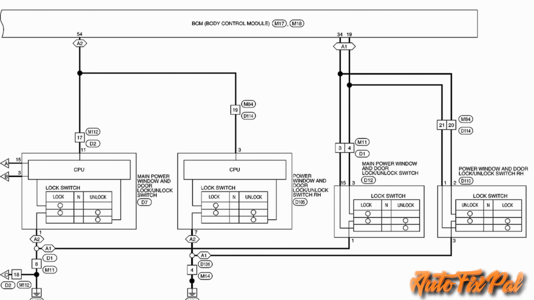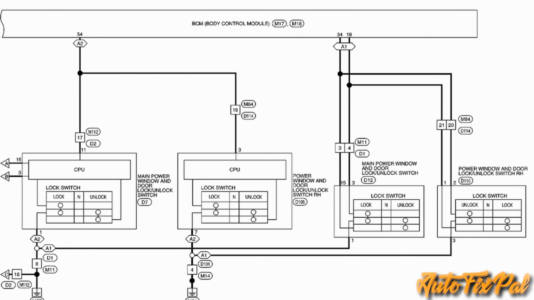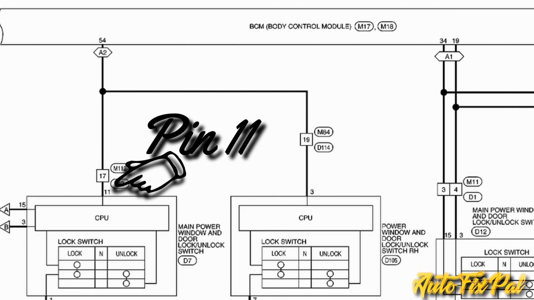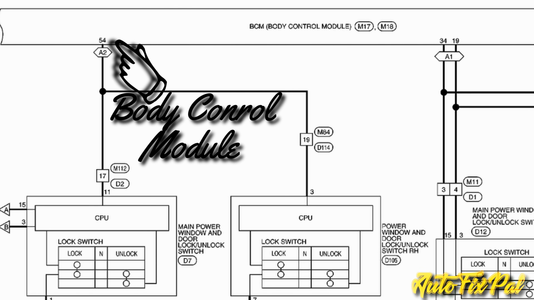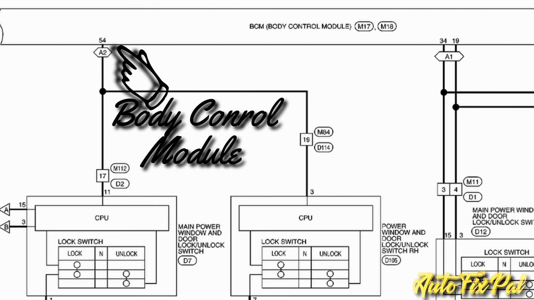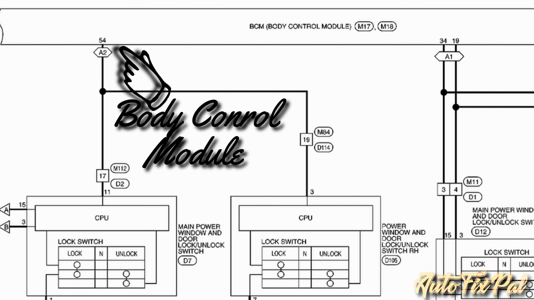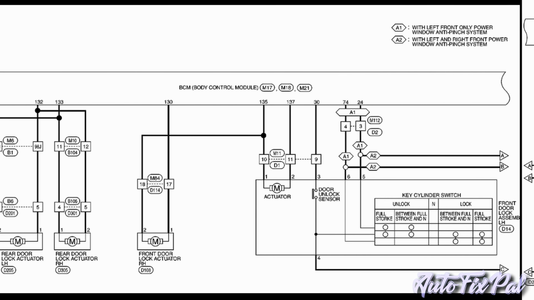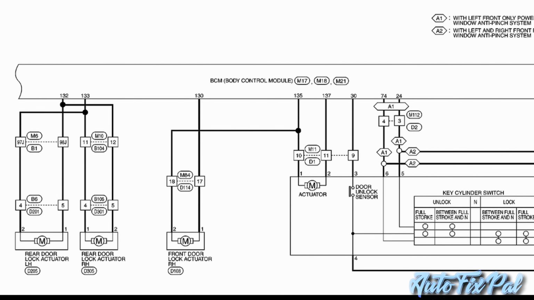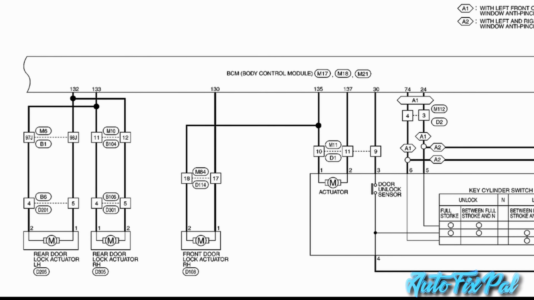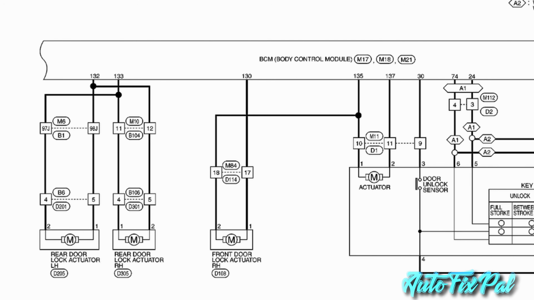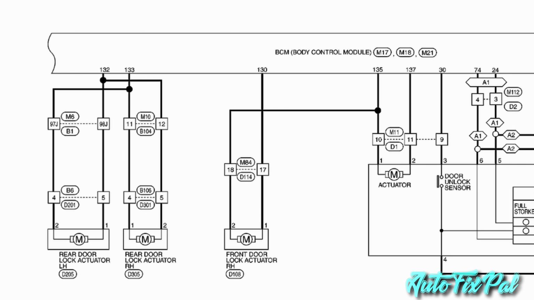So moving on to the power door locks, which operate over the same communication line at pin 11. The only difference with the power door locks is that the communication is sent to the body control module, then it's up to the body control module to respond accordingly and either unlock just the driver's door or unlock all doors depending on if the request came from a single unlock request on the key fob, a double unlock request from the key fob, or pressing the power door lock switch on either the driver's master switch, which is one unit by the way, or pressing the unlock switch on the passenger front switch, which is also one unit.